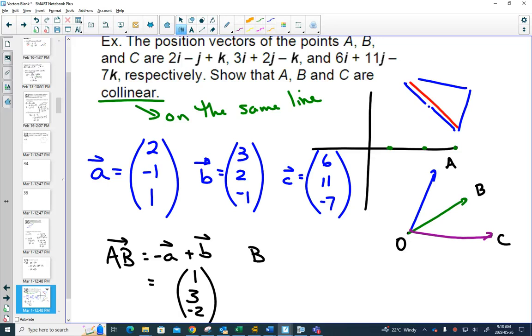If I go from B to C, that would be -B plus C, 3, 9, and -6.